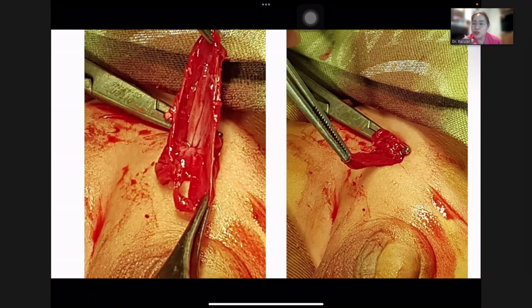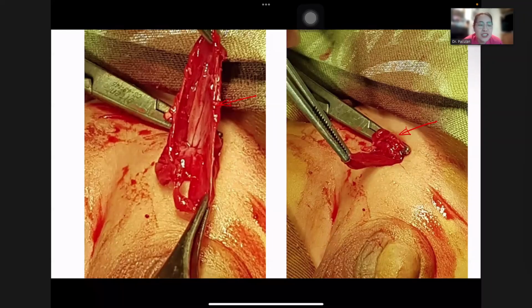You should have a good knowledge of the anatomy of the inguinal canal to be able to perform this kind of surgery. This one is the spermatic cord, and this one is the hernial sac. You can see that they have a big defect, about 1 centimeter. You can insert your pointer finger into the defect.